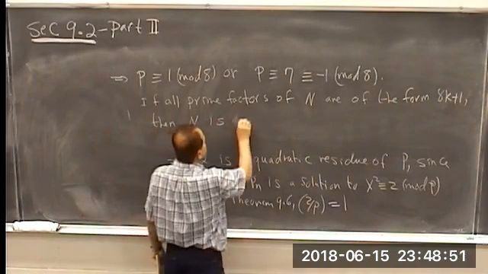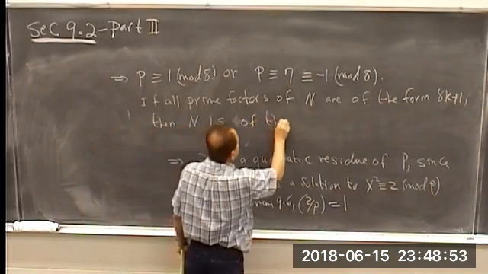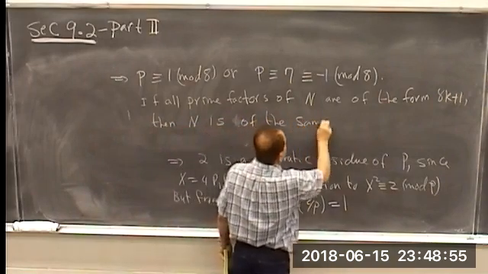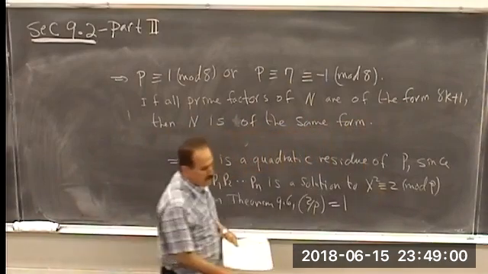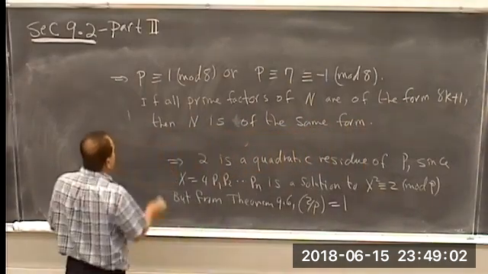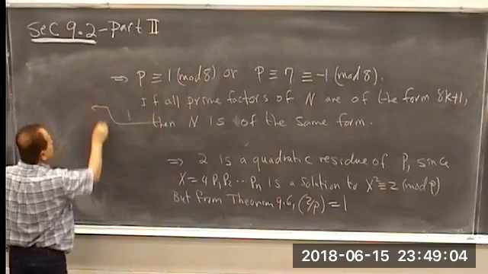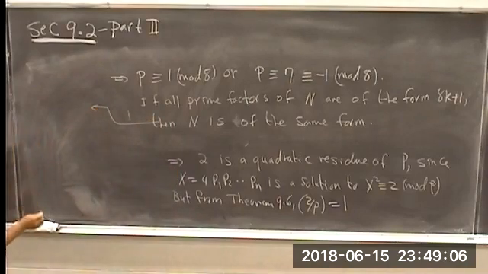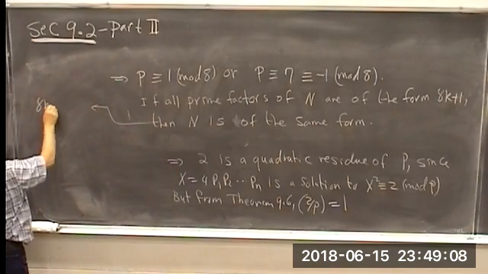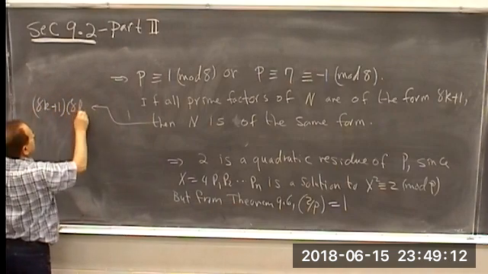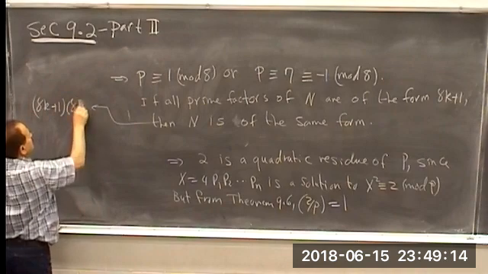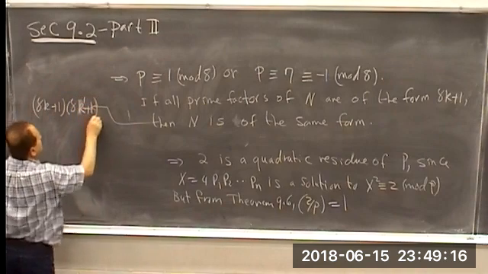All you have to do here is take a product of any two numbers of this form, 8k plus 1 and 8k prime plus 1.